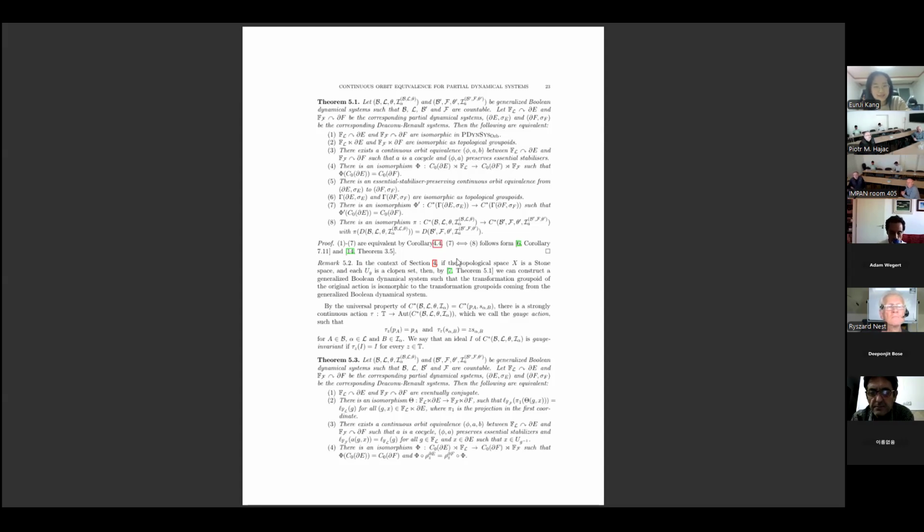Okay, so Boolean stuff. Yeah, but it's very difficult to explain in detail because the language is very dramatic, very horrible.